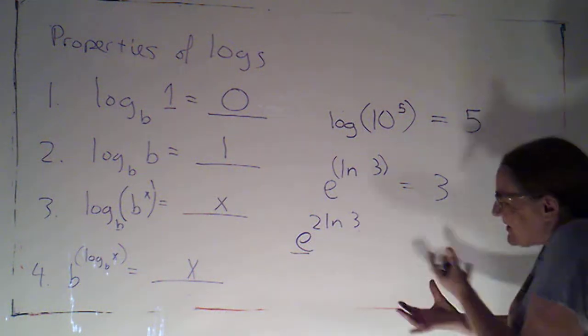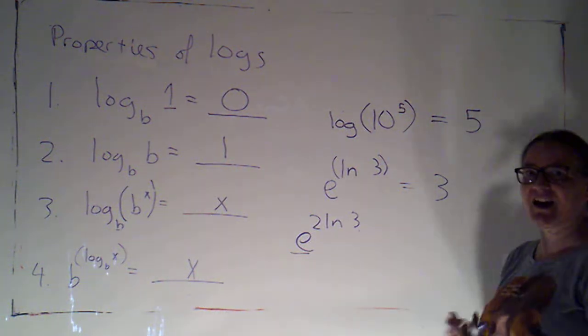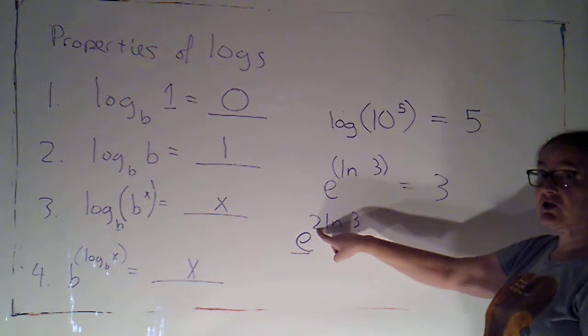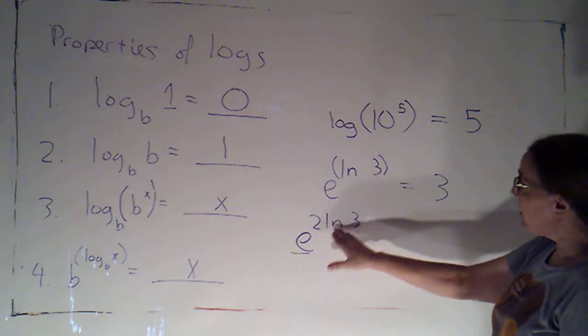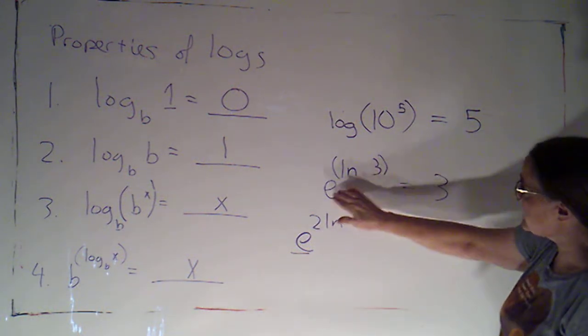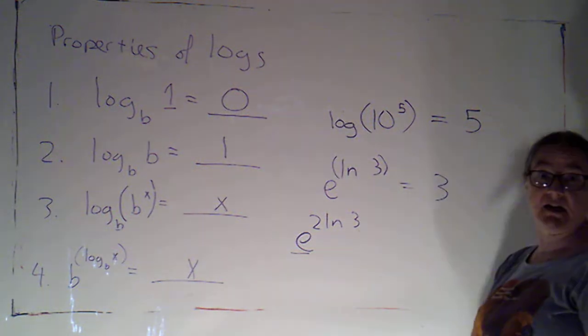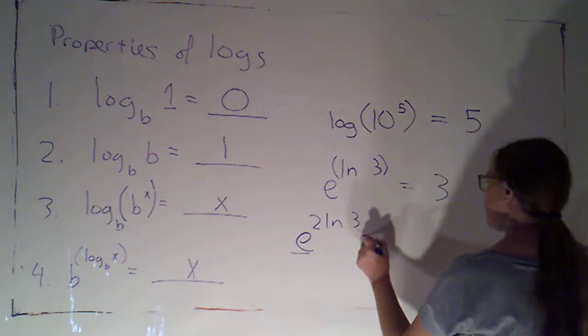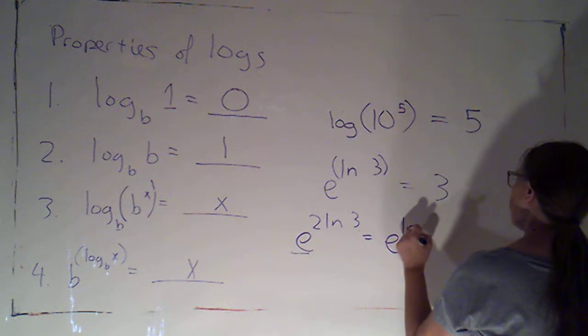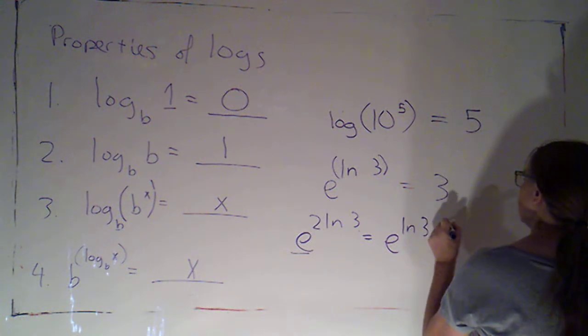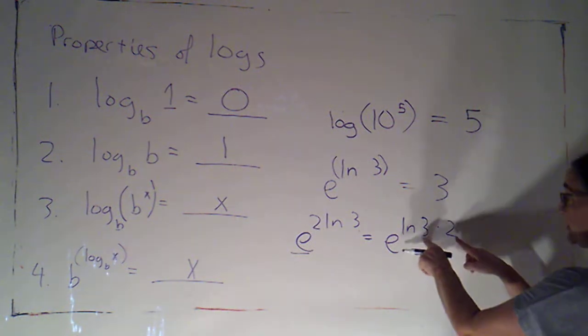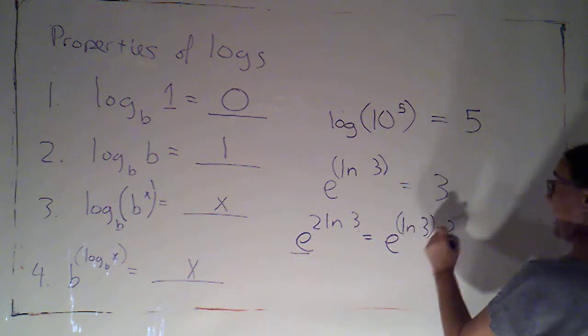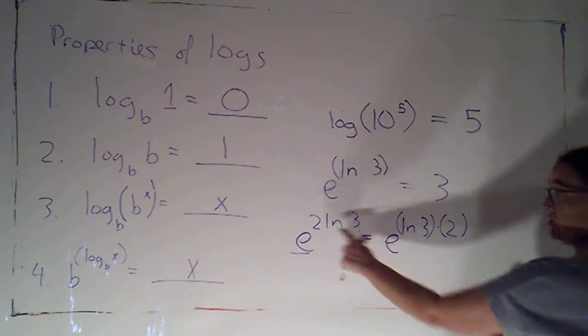So I want to see some stuff being undone here, but I've also got this 2 here. Notice the log and the exponential function aren't directly next to each other the way they are right here. But notice, this is the same as e to the natural log of 3 times 2. Now, I'm not multiplying 3 times 2. I'm multiplying the natural log of 3 by 2, because that's what we're doing.